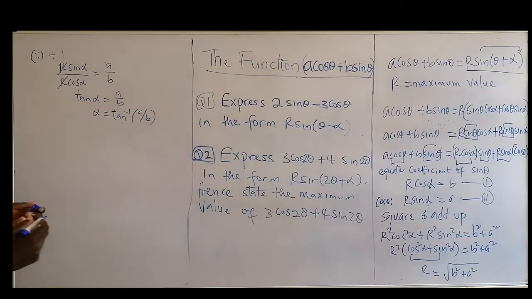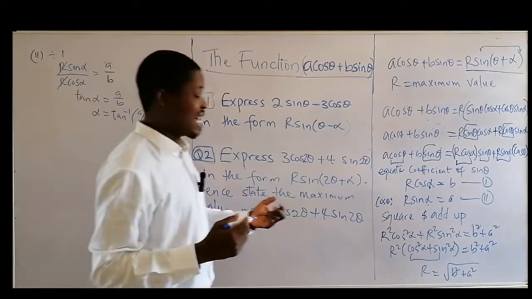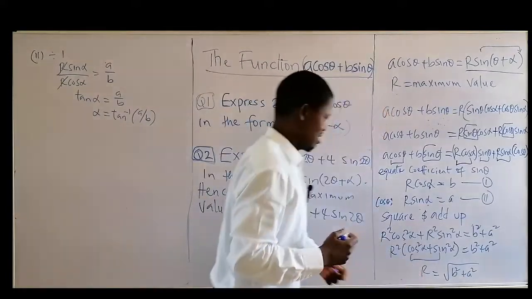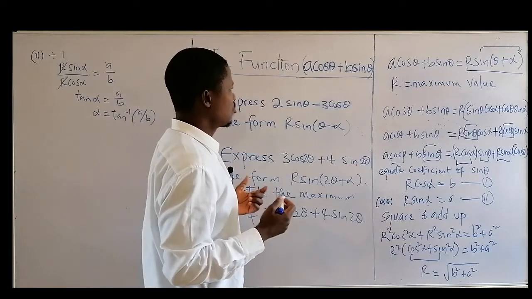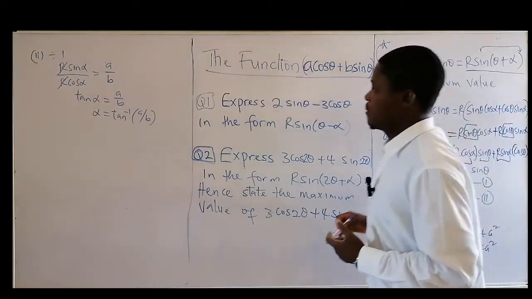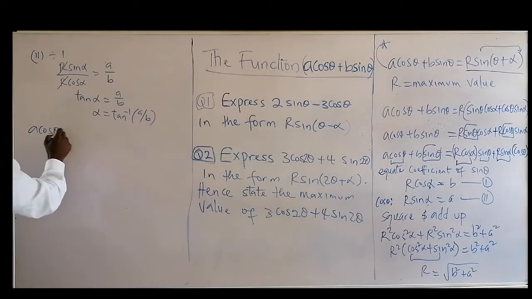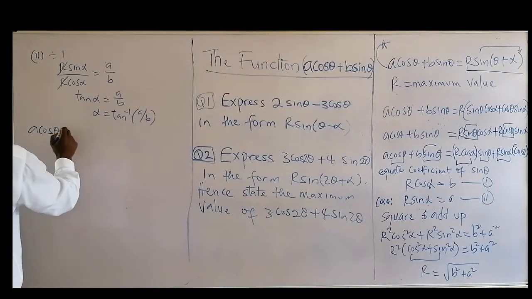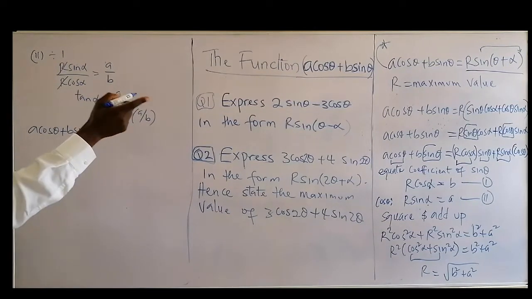Once you've gotten your angle and the maximum displacement, the next thing is to go back to the original equation, which is a cos θ + b sin θ equal to r sin(θ + α).